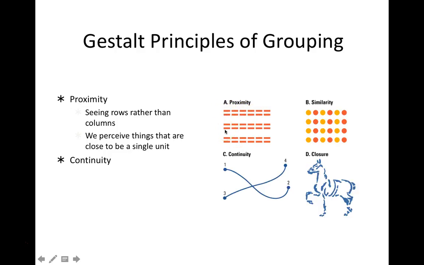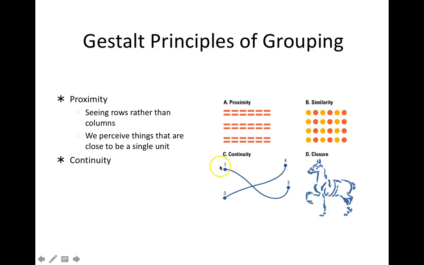But we're much more likely to see rows because we get this grouping, pairs of the rows of dashes. So we see 3 rows. We wouldn't describe it as 6 columns. We'd see it as 3 rows. We perceive things that are close to be a single unit.